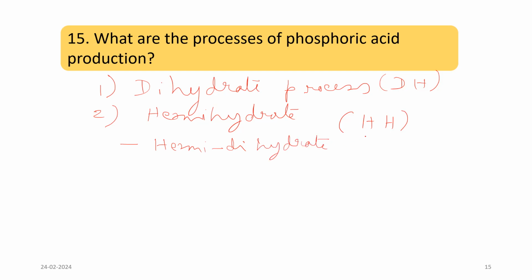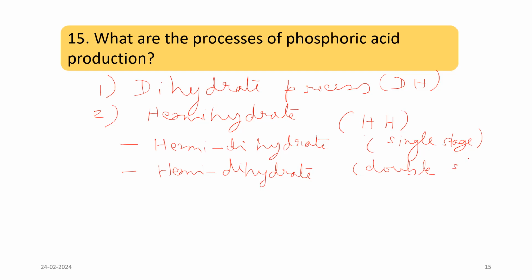One is for single stage, and the second one is also the hemidihydrate process, but here a double stage digester is used.